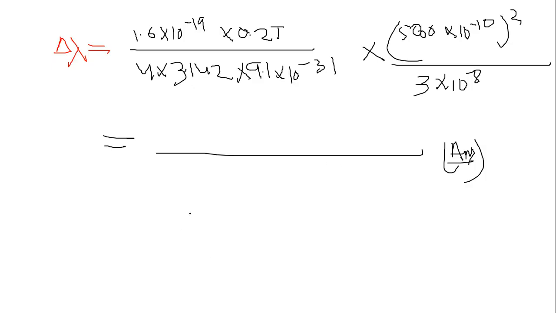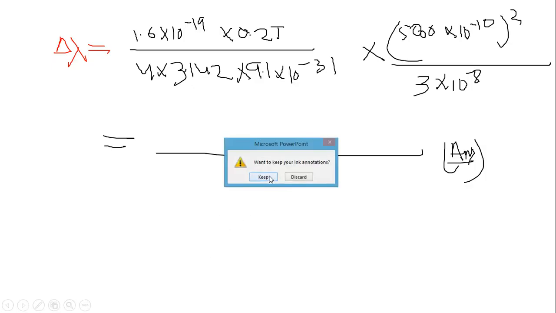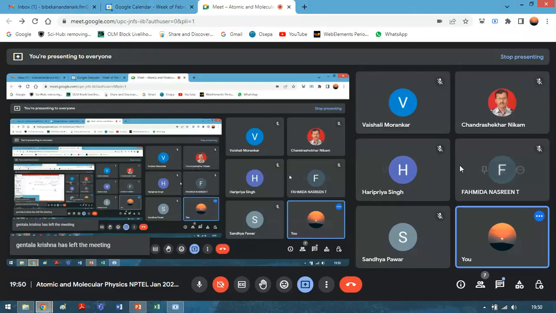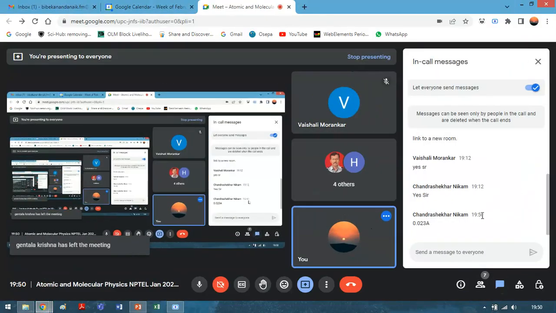So did anyone calculate? Yes, the value will be 0.02335 Armstrong. So this is correct, Chandrasekhar Nikam.